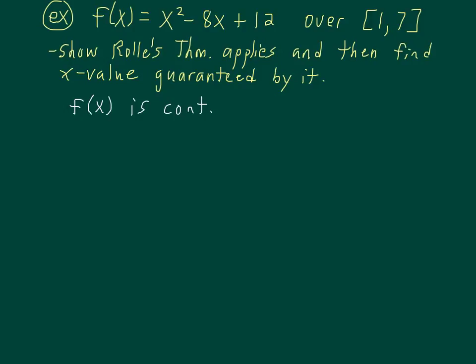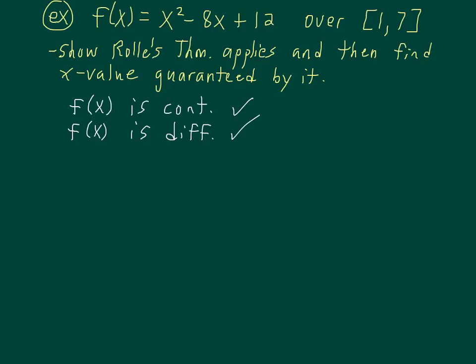We know that f is continuous, and we also know that this function is differentiable everywhere in between, right? Parabola, quadratic, whatever you want to call it. There's no sharp turns at all, okay? So it's going to be continuous and differentiable.